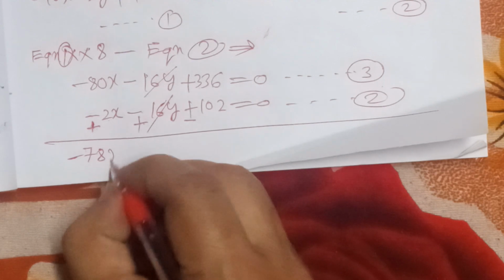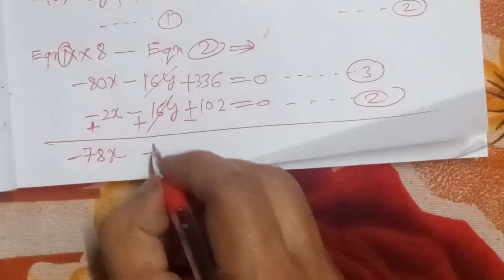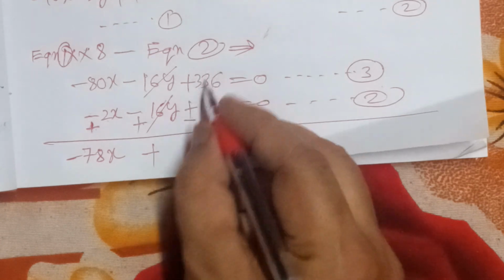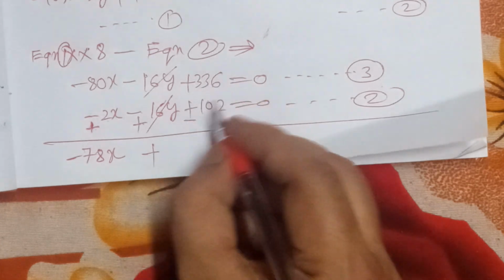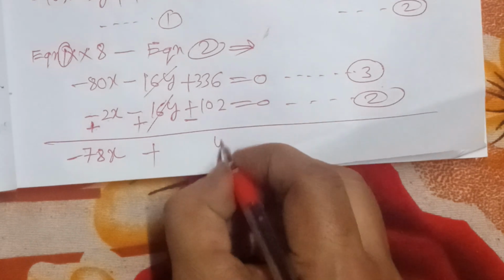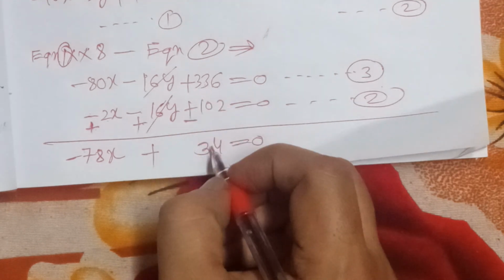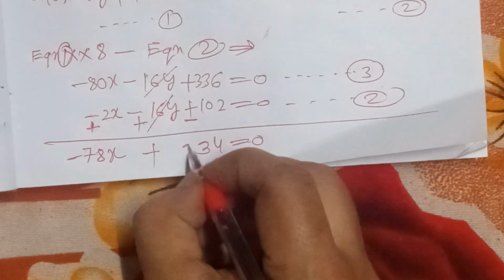On subtraction, the difference of these values is 78, but this value is negative due to the sign of the greater quantity, so minus 78x. And this sign is plus, because the greater value is plus and the lower value is minus, and subtract 6 minus 2 is equal to 4, and 3 minus 0 is equal to 3, and 3 minus 1 equal to 2.